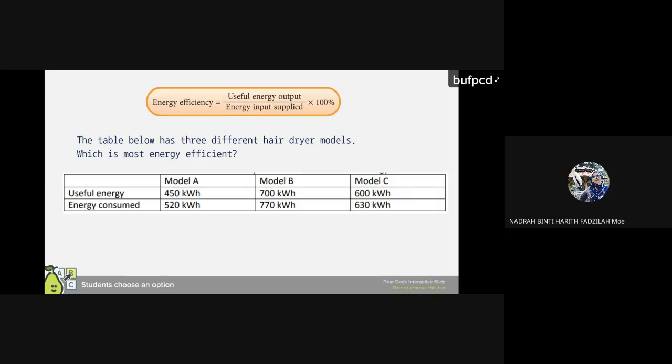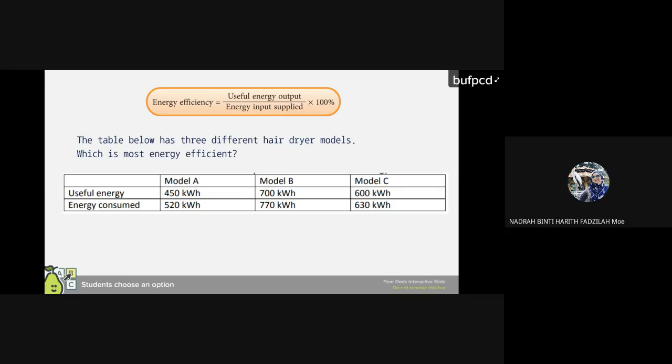Okay. So for this particular question, you have to calculate the energy efficiency for all three models. So model A, macam mana nak calculate? Gunakan formula tadi. We just divide 450 divide by 520 and so on and so forth lah.